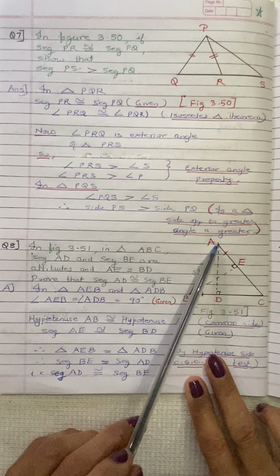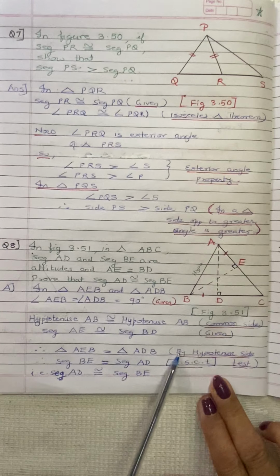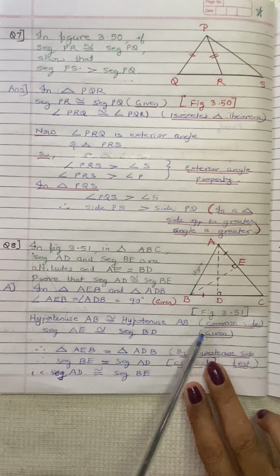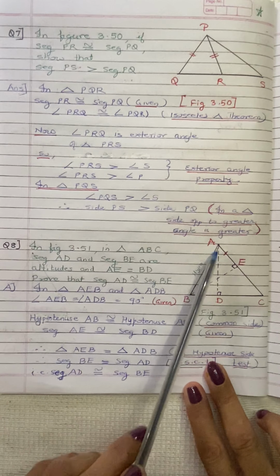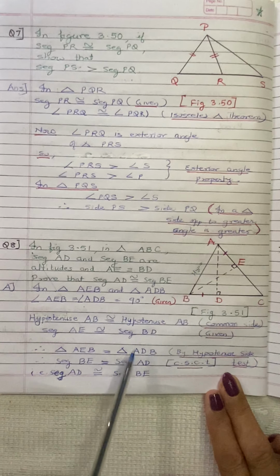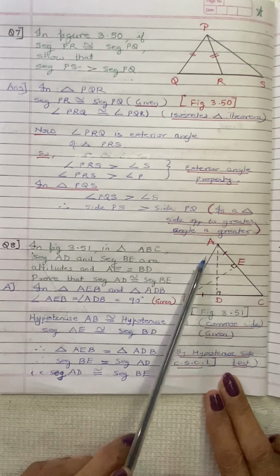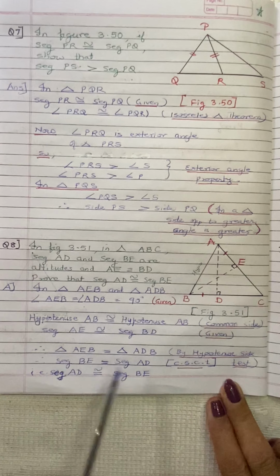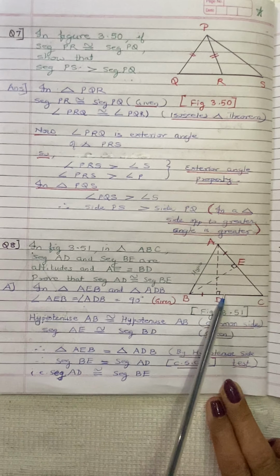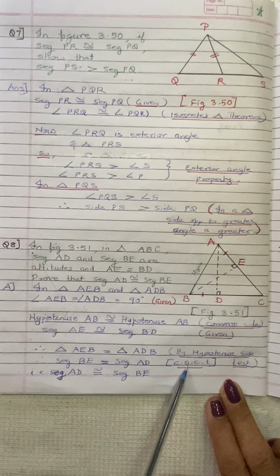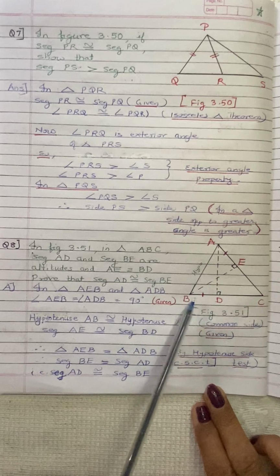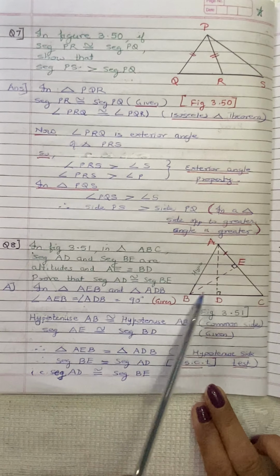So hypotenuse AB is congruent to hypotenuse AB because it is a common side, segment AE is congruent to segment BD given, and triangle AEB is congruent to triangle ADB by hypotenuse side. Therefore segment BE is congruent to segment AD by corresponding sides of congruent triangles. So that is AD is congruent to BE.